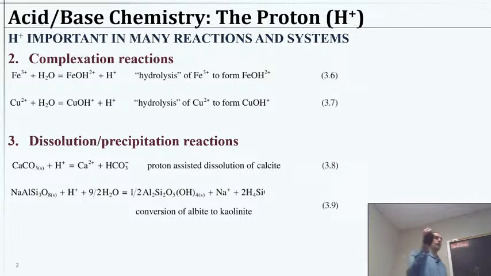If it starts fizzing and bubbling because it's dissolving and releasing CO2, we know something about that mineral. So acidity is very important to whether something is going to dissolve. Some things also dissolve really well in very basic conditions. So it's not all just whether or not there's the proton there, but there are many cases where it can be important.